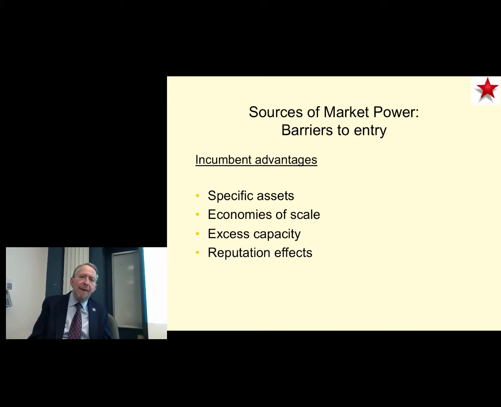Existing firms have reputational effects because they've been in the market. Buyers know the quality of the product, and so it's hard for new firms to come in to overcome that existing reputation. Kleenex was one of the first companies to manufacture facial tissues, and Kleenex is the brand name.